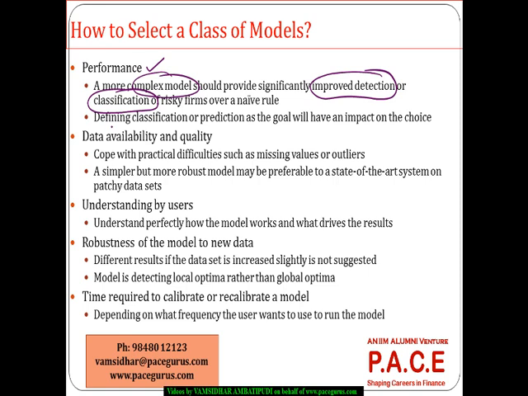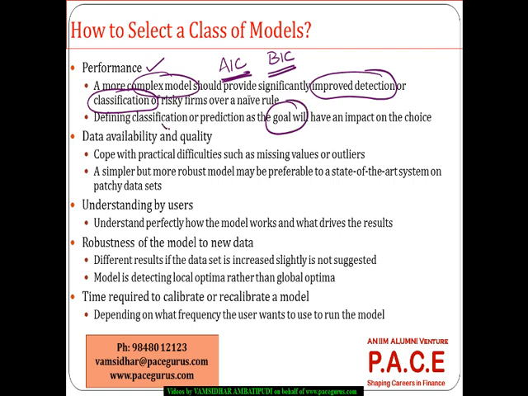Only then I have to choose a complex model, and that is very clearly coming out with the test using the Akaike information criterion or the Bayesian information criterion, which are penalizing on the number of parameters that are going into the model. And I should also look at defining the classification or the prediction as a goal.